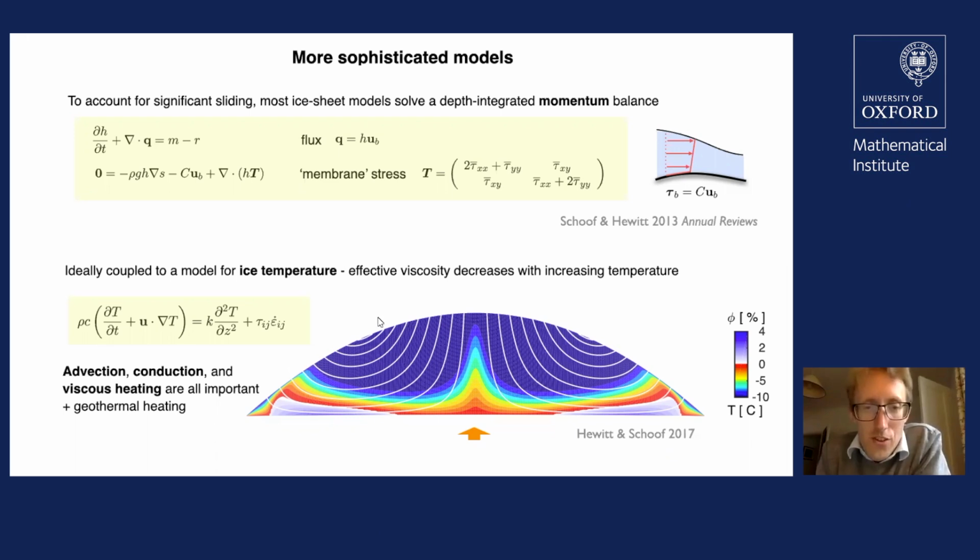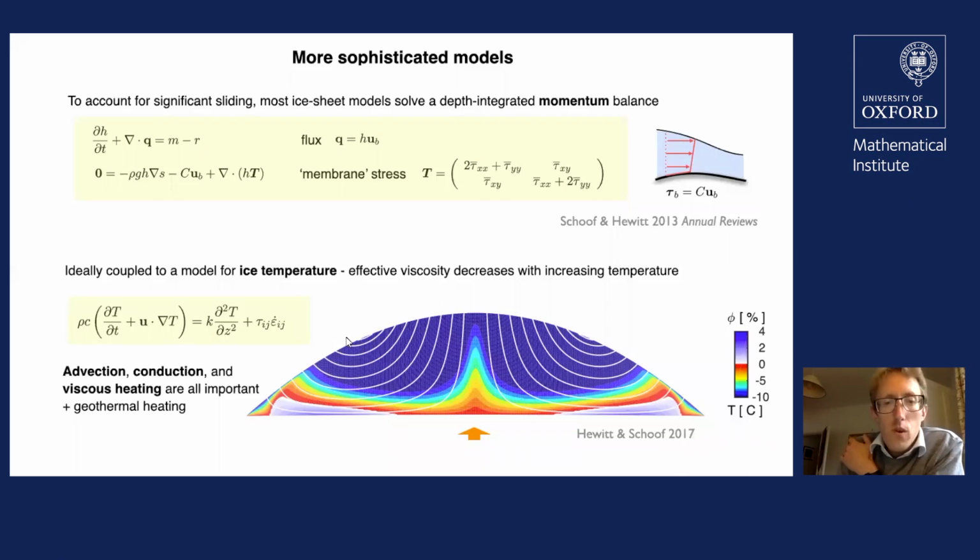What I want to move on to talk about is the surface boundary condition that we have to apply to this, because there's some interesting modeling involved in that. And I realize that I'm probably going to run out of time. So I want to know what boundary conditions I should apply, both at the surface, so there's M minus R. I want to know what the runoff is, which is not totally obvious.